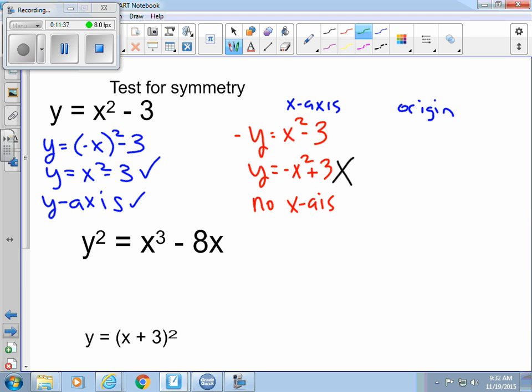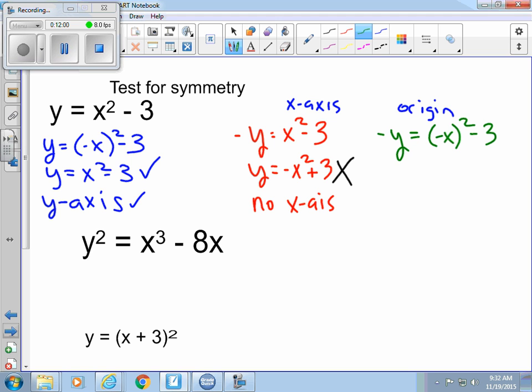Okay, origin symmetry. I'm going to replace the y with a negative and the x with a negative. You've kind of already done the work on those, so you probably know the answer, but for right now I want to see the work. So I'm going to put a negative in for y and a negative in for x.